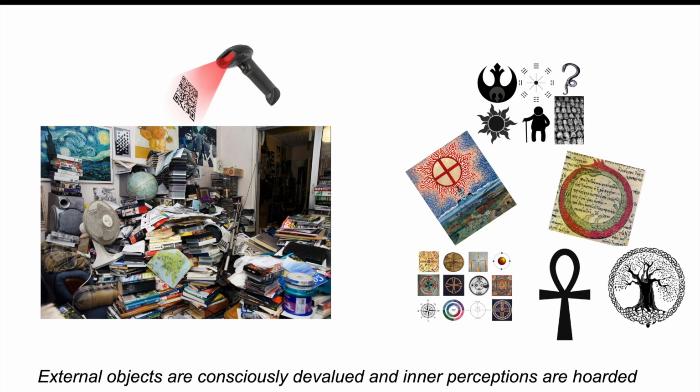So basically what I'm trying to show here is that if you rely too much on introverted intuition, then you go from object to object like a QR scanner, being like, this reminds me of this, makes me think of that. Then you devalue the actual external experience, and like a hoarder you hoard all these inner perceptions and go in your own little world.